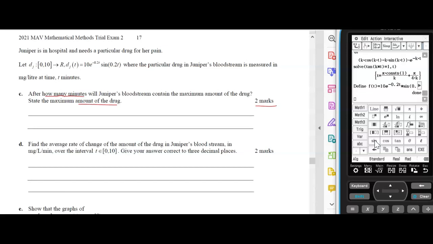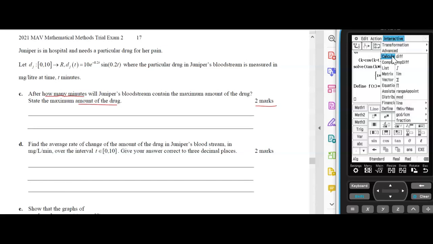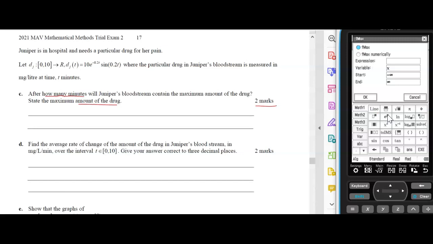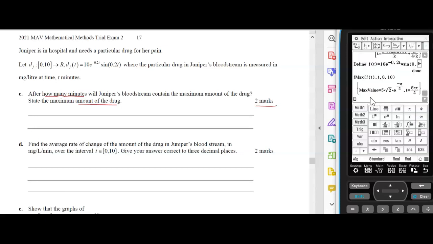Awesome. Okay, so let's go back up here. Calculation, maximum. All right, so we want f of t, and the variable is t. All right, and we're going from 0 to 10, so it's important to do that because we might get a lot of solutions.